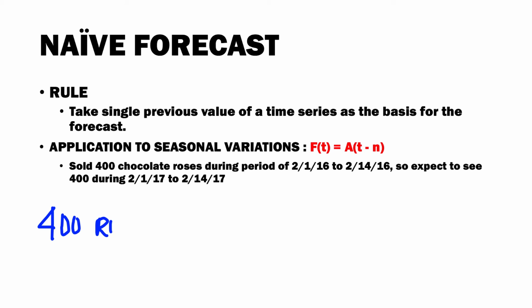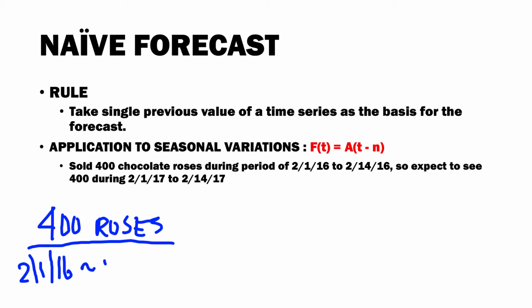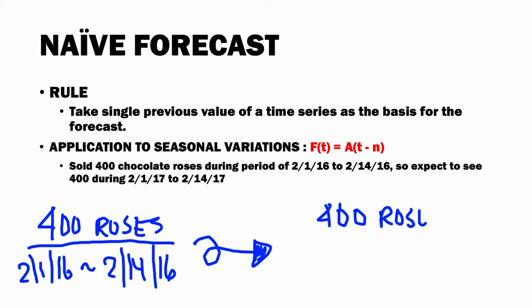Here we say that we sold 400 chocolate roses, so let's say 400 roses, between February 1st, 2016 to February 14, 2016. Therefore, according to the naive forecast, we can expect to sell 400 roses between February 1st, 2017 and February 14, 2017.